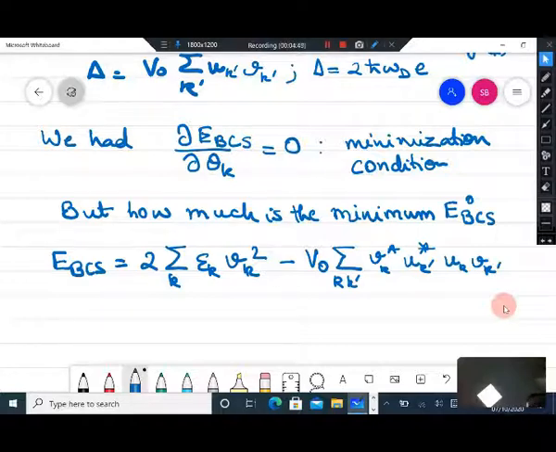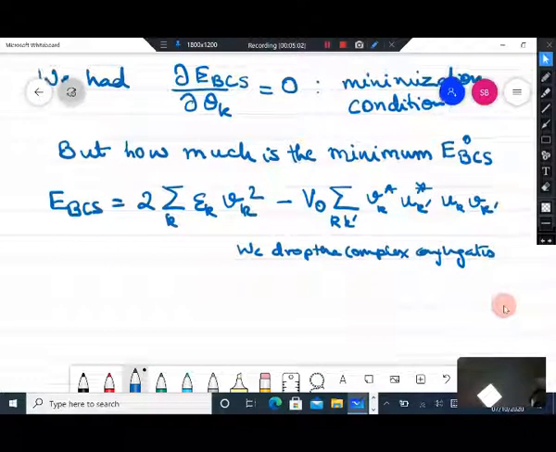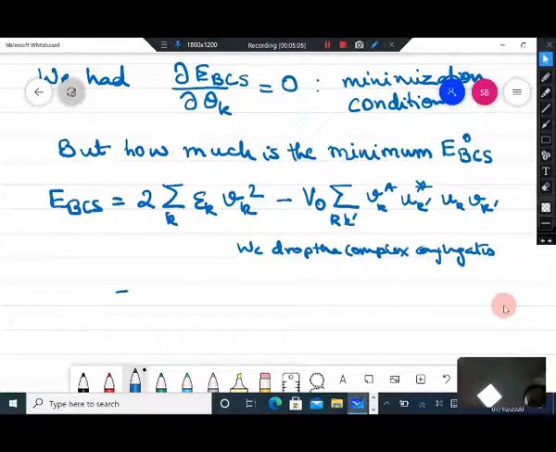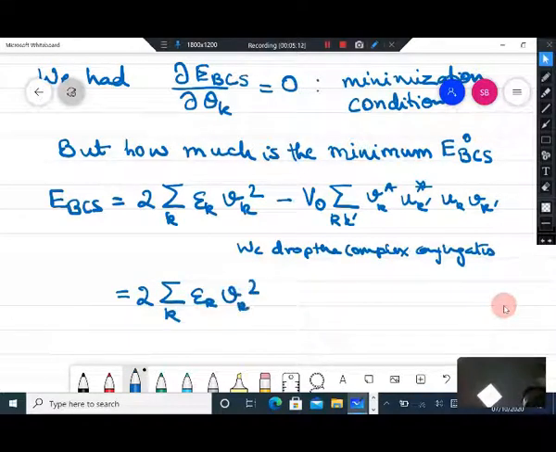Now we can drop these stars. We drop the complex conjugates, they will only lead to a phase factor. We don't bother about that. We consider them as real amplitudes. So it is twice the sum of Ek vk square, minus V naught, summation over k, k prime of vk uk prime uk vk prime.